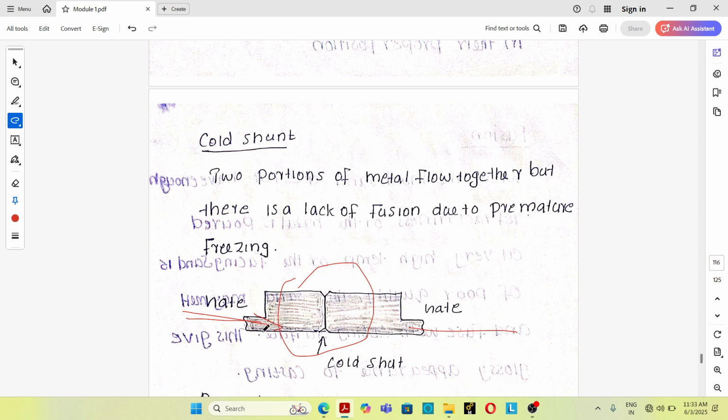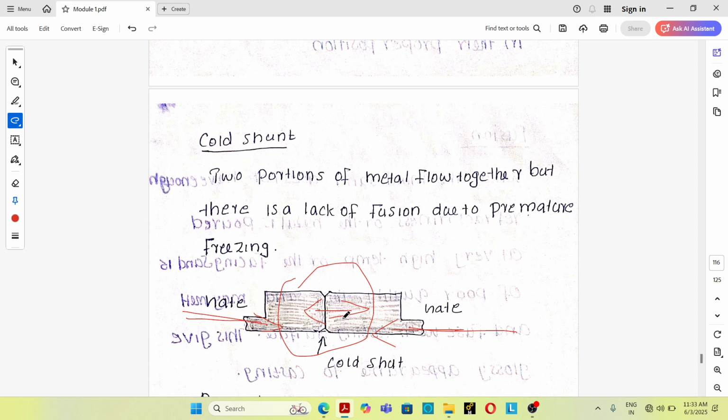Through both gates, molten material will be flowing into the mold cavity. Then what do we mean by cold shut? If the mold cavity is supplied molten material from multiple gates, due to low temperature the molten material physically contacts, but there is no metallurgical bond created. That defect is known as cold shut.